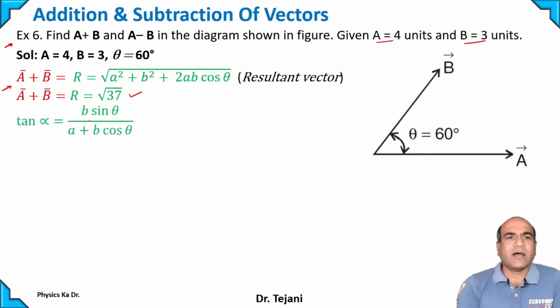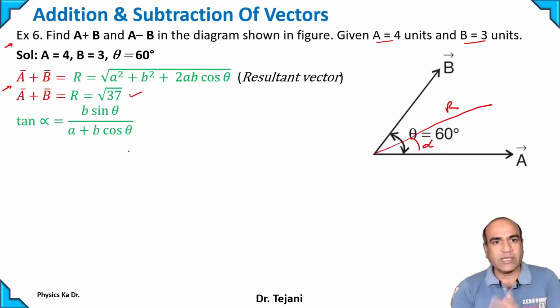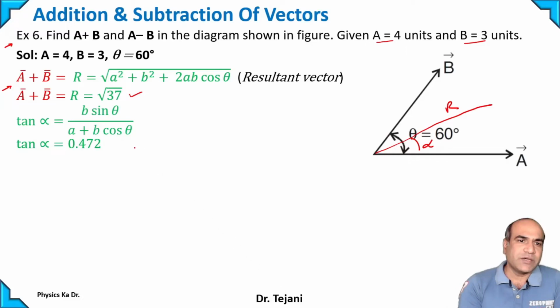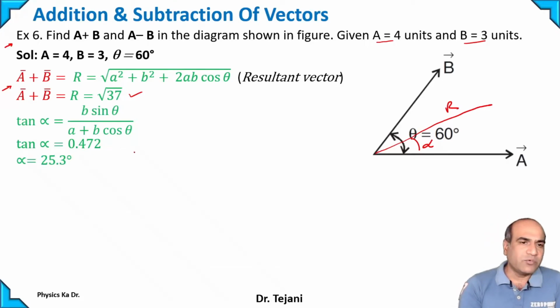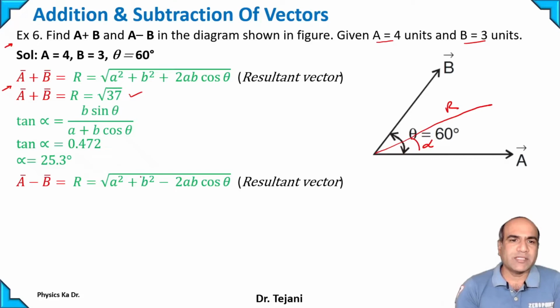And if we need the angle of the resultant with respect to A, that becomes tan alpha equal to B sin theta divided by A plus B cos theta. Put the values here. So tan alpha is equal to 0.472 and then alpha becomes 25.3 degrees. Similarly for A minus B, the change is here: A square plus B square minus 2AB cos theta.